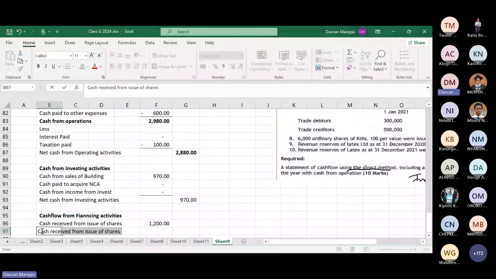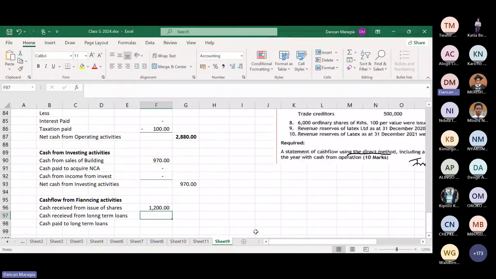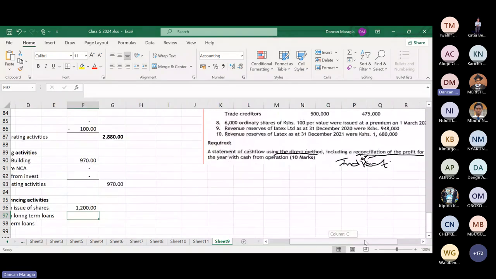Cash received from long-term loans or cash paid to long-term loans. You can either have both in a question or just one. From there, we are going to see. So here, did we receive any cash from long-term loans?